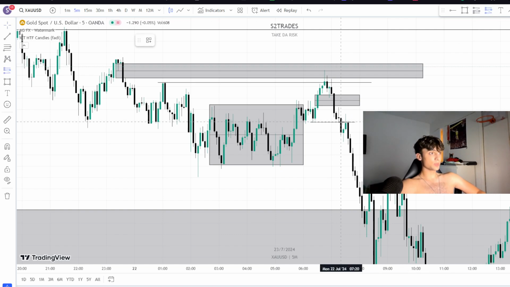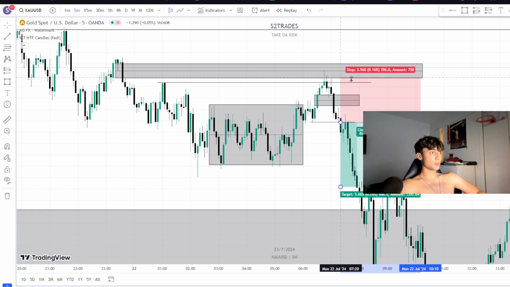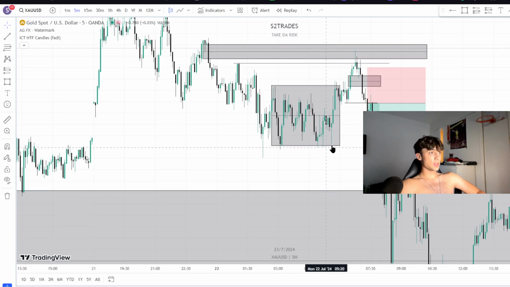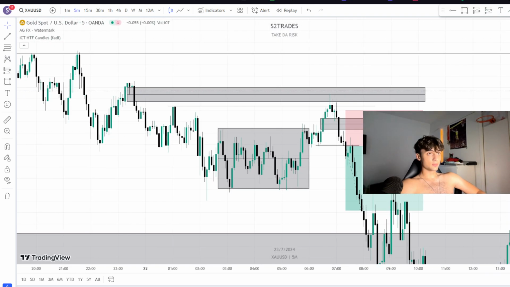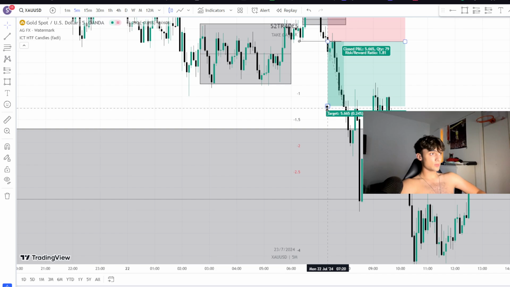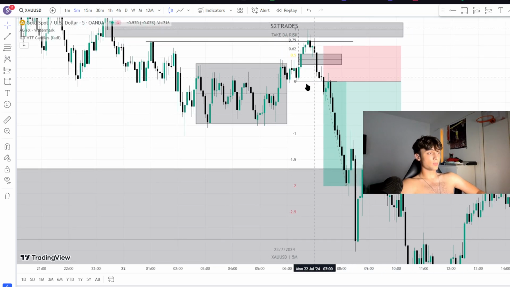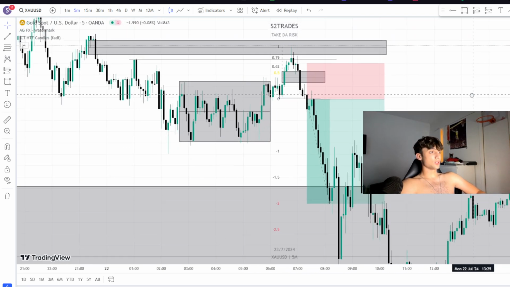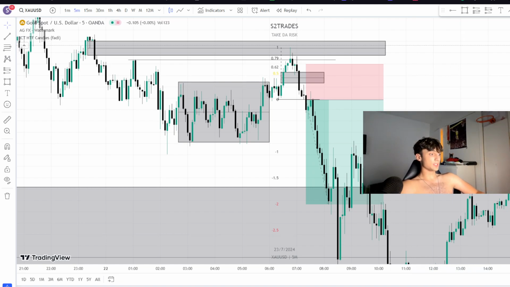I would have placed a short position right here, placed the stop loss at the candle high of the FVG, and then taken my fib retracement, brought this down to here, targeted a -1, 1.5, and then 2. See, boom, it just distributed. Such a sexy trade. That's what I would have taken in this case.